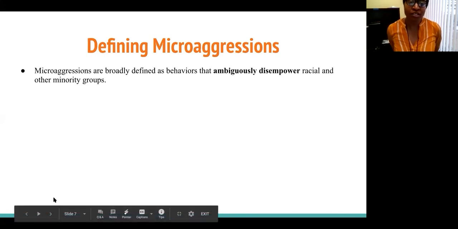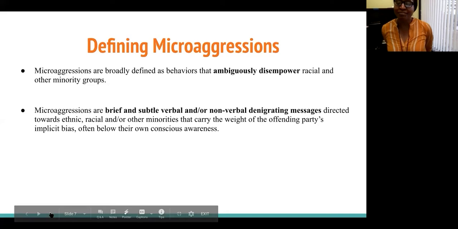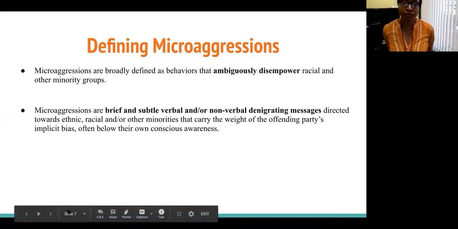So microaggressions are broadly defined, but they're typically behaviors that ambiguously disempower racial and other minority groups. They're typically brief, subtle, you might miss them, just like our presentation says, you might blink and you might miss them unless you've been the subject of a lot of microaggressions. They're typically nonverbal, but they send a negative message.